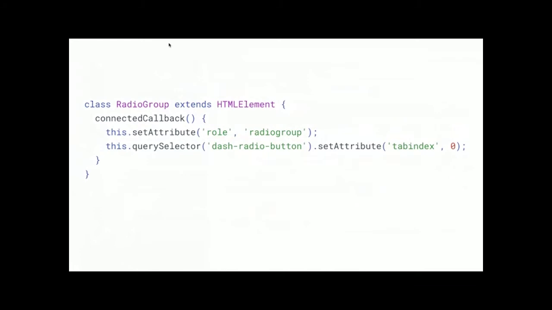And the other thing that I did here, and again, this is sort of experimental because I'm trying to still figure out some of the best practices for accessible web components, is that rather than querying a child based on it being a dash radio button, or based on the tag name, I decided to query the children based on the role that's being expressed. So if the child is upgraded properly and it's expressing the radio role, then I select it and set its tab index to 0.